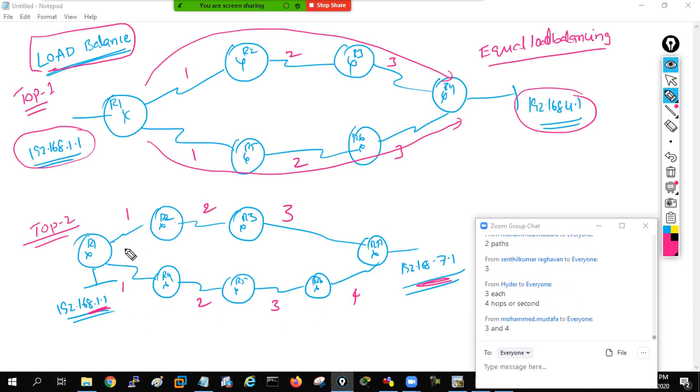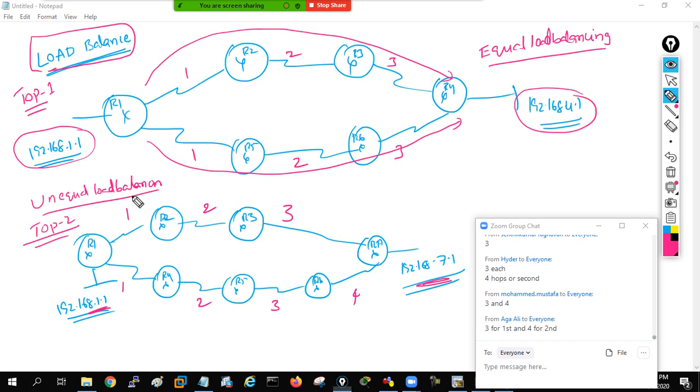There are 2 routes, but they have 2 different metrics. The hop count is different for both. So this is called unequal, and RIP will not support load balancing here. RIP will not support unequal load balancing. Do you understand, guys? It will support only equal load balancing.